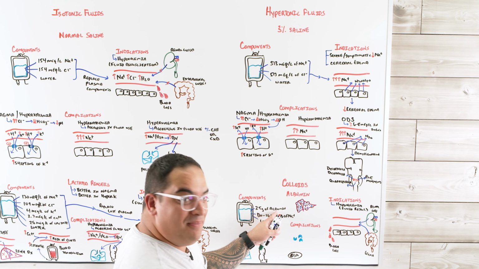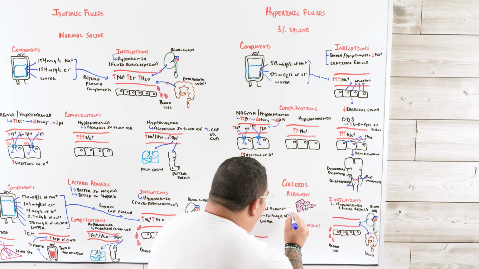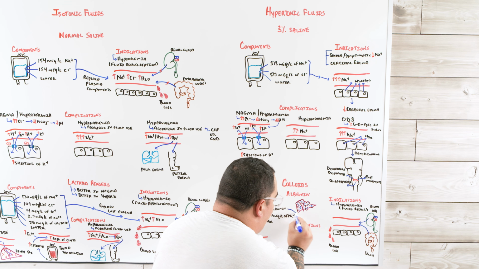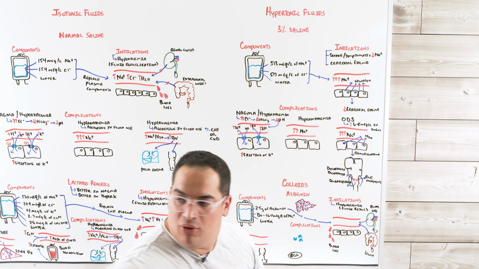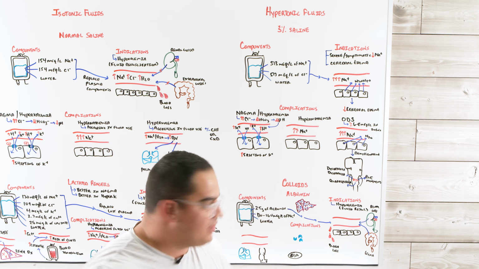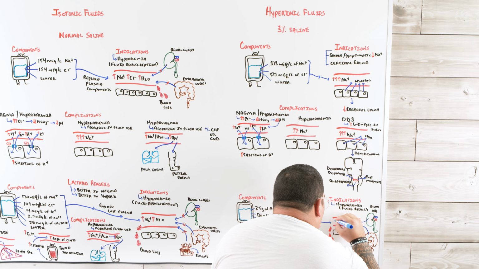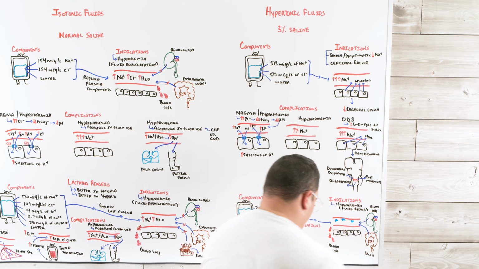Give them albumin. The reason why is albumin, what's the benefit of this guy? If you guys remember, albumin will get over here into our circulation and it will do what?